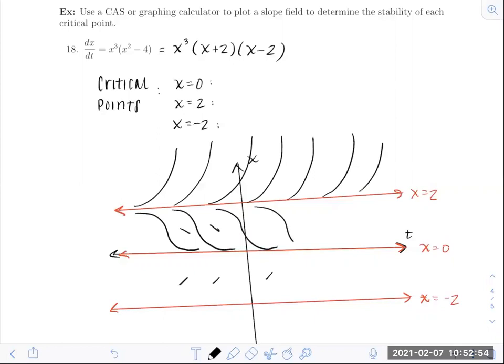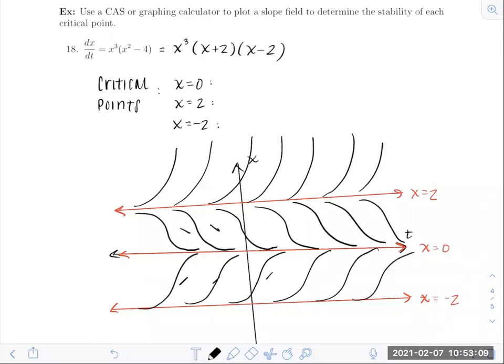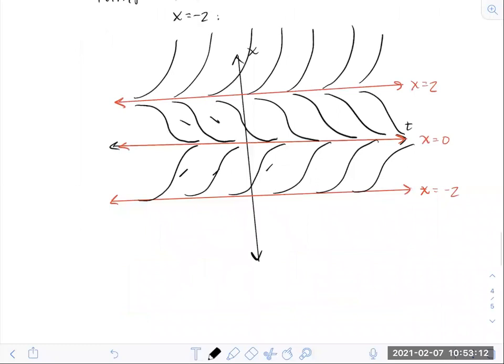And that gives that kind of downward sloping. And then the opposite in between. All right, and then again, it was hard to see what was happening beneath -2. Those are diverging away from -2.